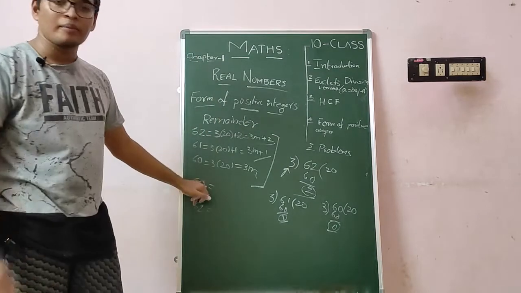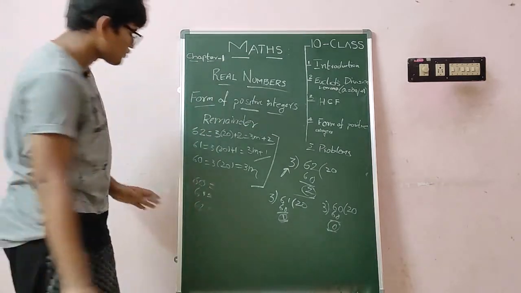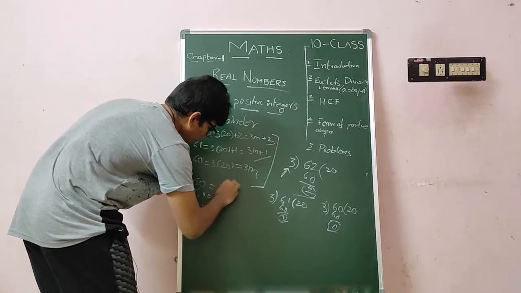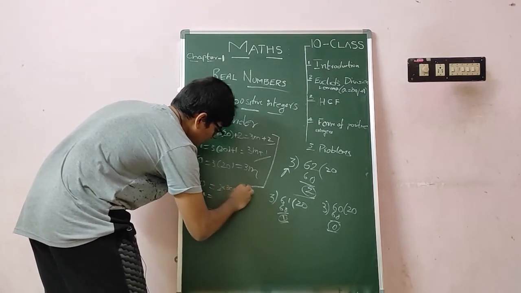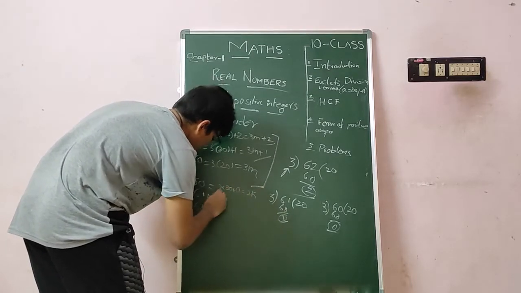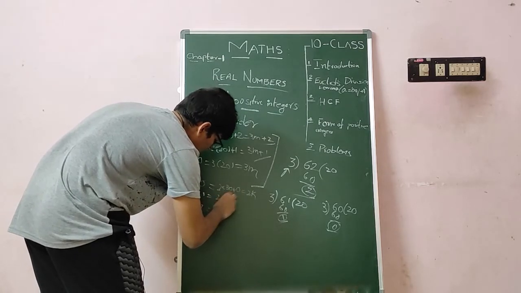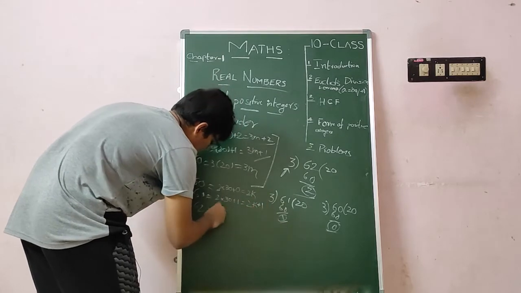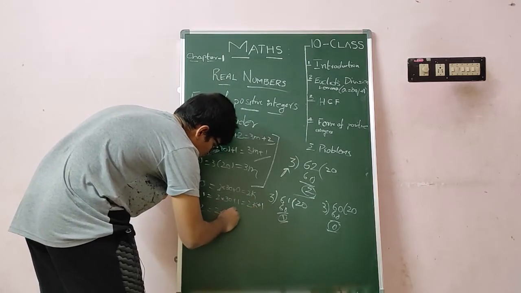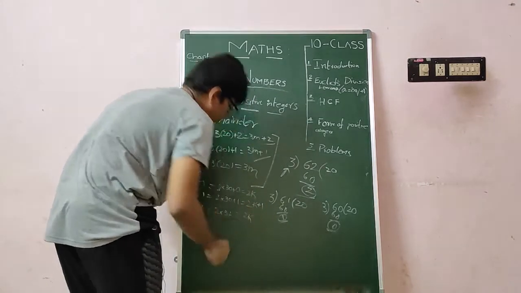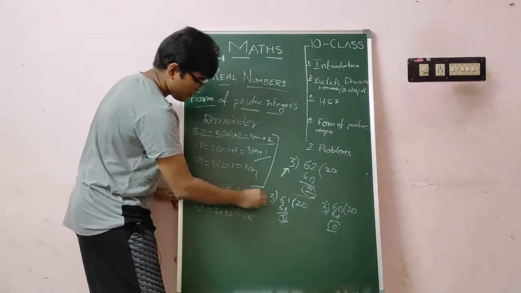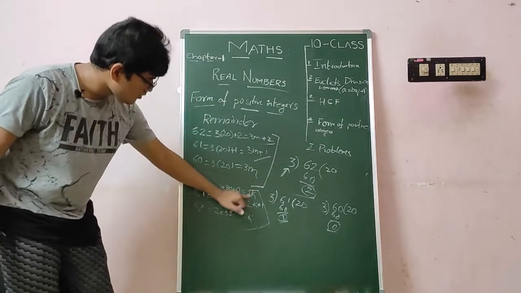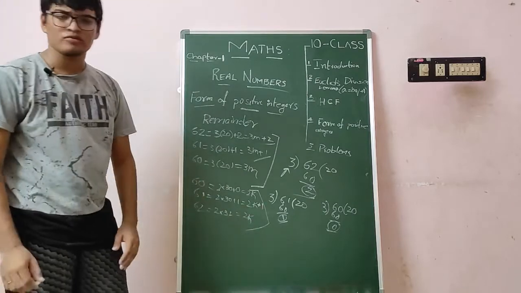If you represent these numbers in terms of 2, this is 2 into 30 plus 0, which means 2k. 2 into 30 plus 1 is 2k plus 1. This is 2 into 31, 2k. Here you can see any number can be represented as 2k or 2k plus 1.